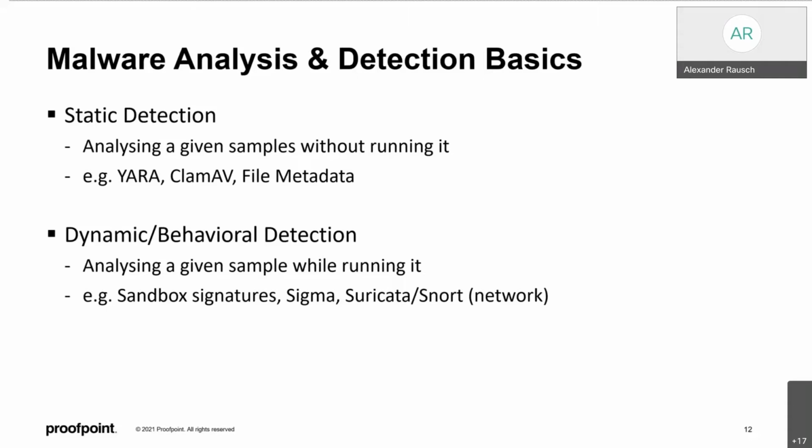On the other hand, examples for dynamic detections are sandbox signatures that match on the dynamic execution chain, for example, which Windows APIs have been called in a specific order, or Sigma rules, which do a bit the same actually, and of course network signatures like Snort or Suricata.